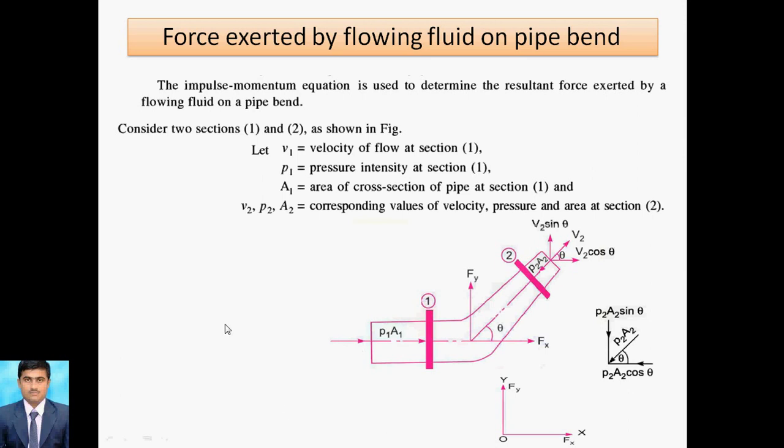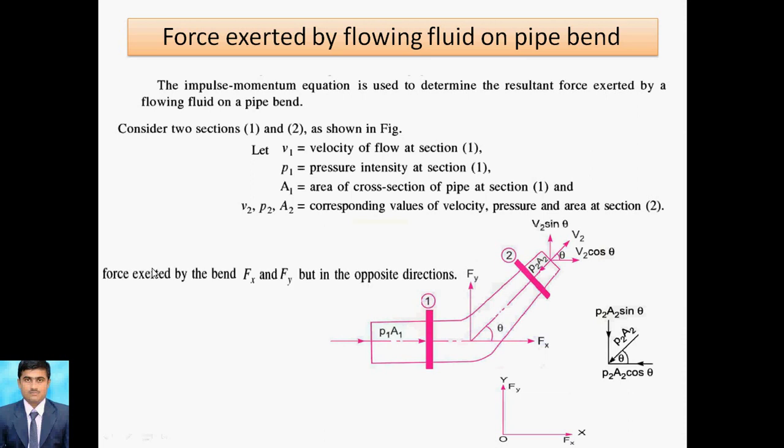So here P1A1, that is pressure and area. Considering section 1 and section 2 as shown in the figure, V1 is the velocity, P1 is the pressure at cross section 1, A1 is the area of cross section at section 1, and V2, P2, A2 are the corresponding values of velocity, pressure and area at section 2.